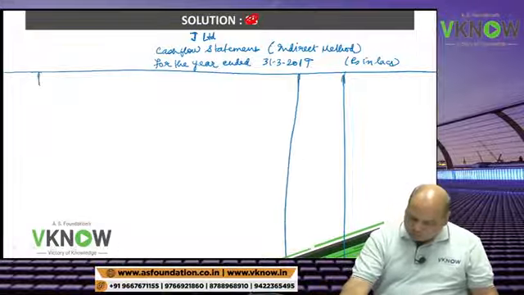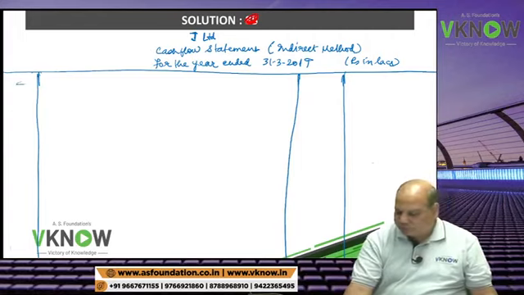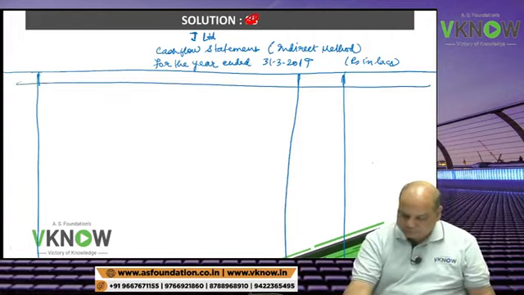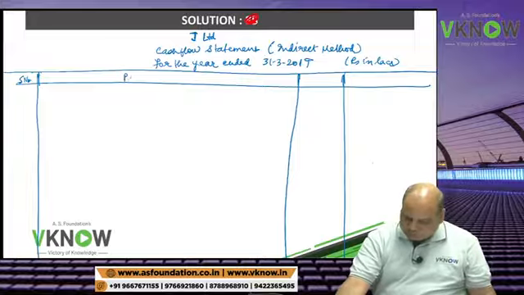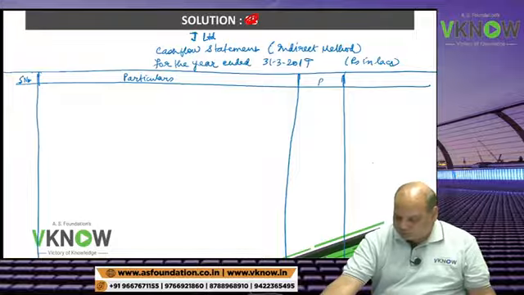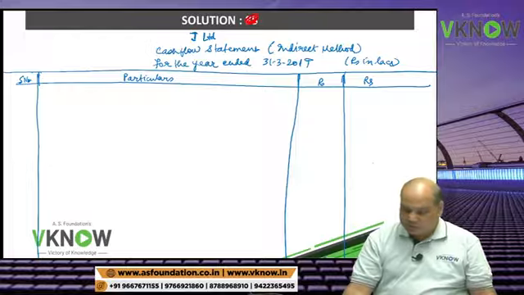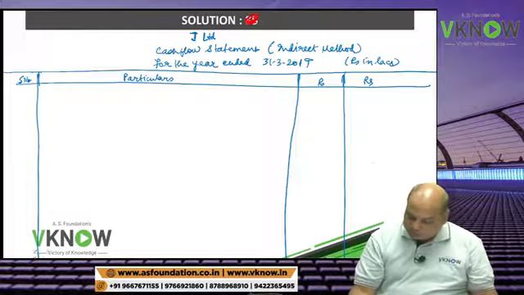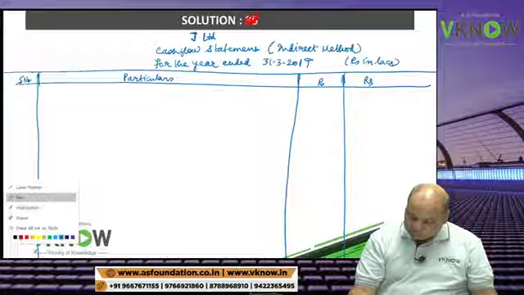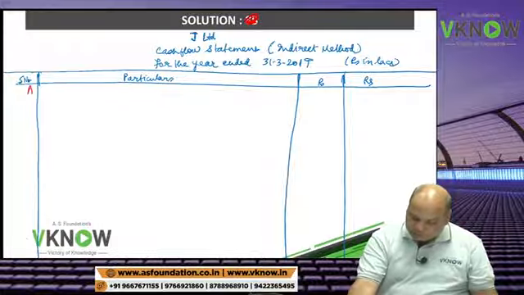Then you draw two columns on the right side. First, we'll draw the format: serial number, particulars, rupees, rupees. Format is important so that you can solve quickly. Without format, we can't solve.